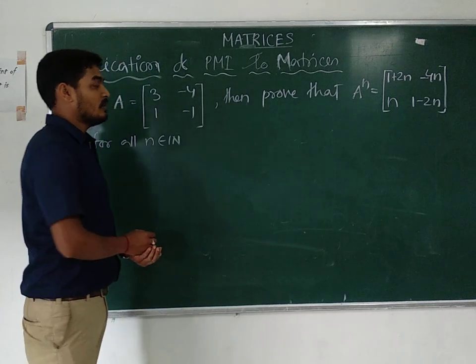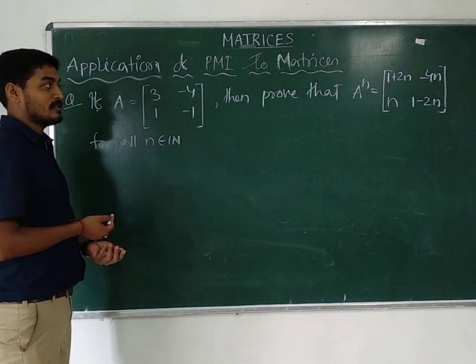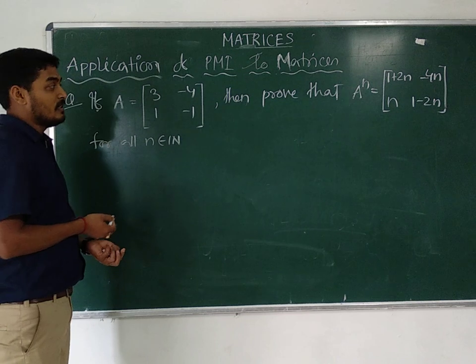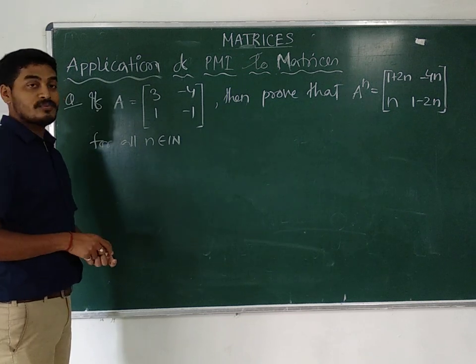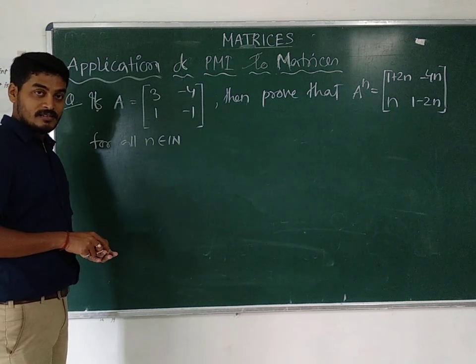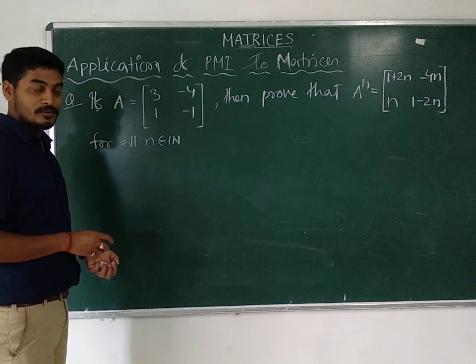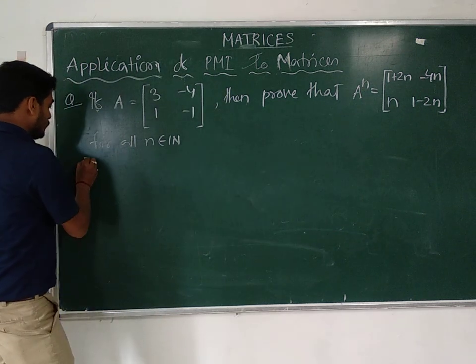First of all, we will apply the principle of mathematical induction here, because it is not possible for us to prove it for each and every natural number. So, proof.